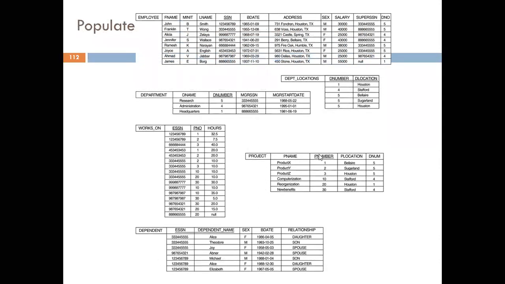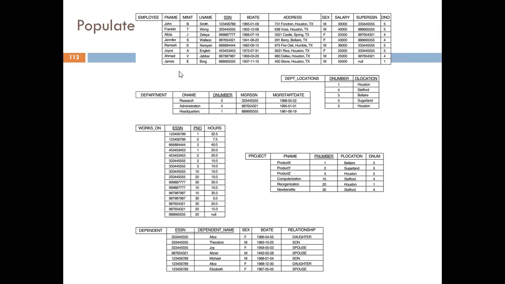So this is the snapshot of the data. For employee, a sample data is provided over here. Some rows are present for each table. So employee: John, Franklin, Jennifer, Ramesh, Joyce, James.